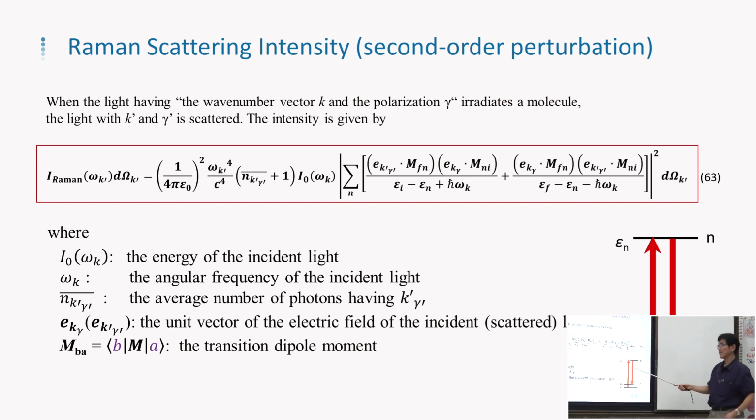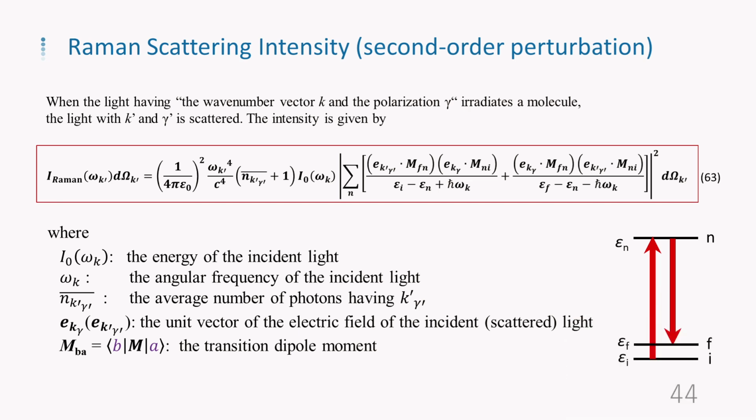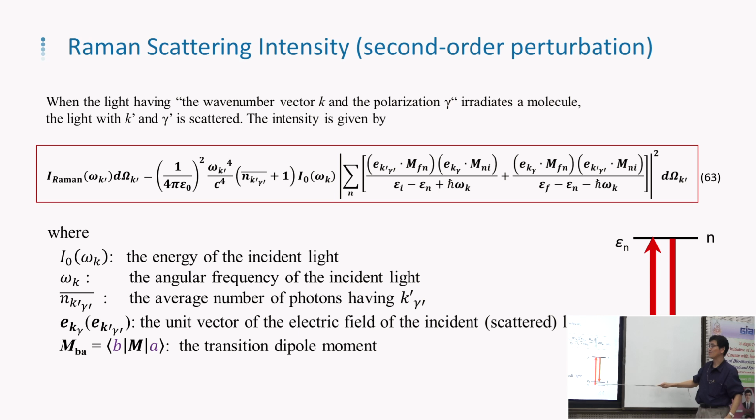So Raman intensity has non-zero value when the transition moment from I to N, MNI, and the transition moment from N to F, MFN, are both non-zero. It should be an allowed transition.